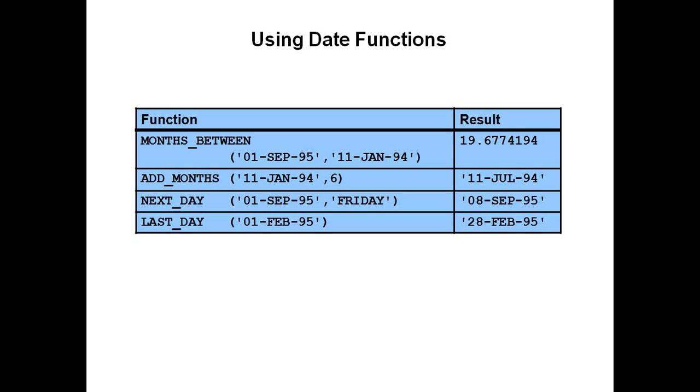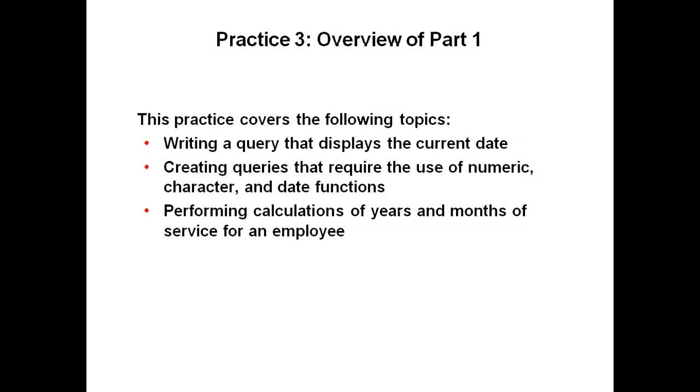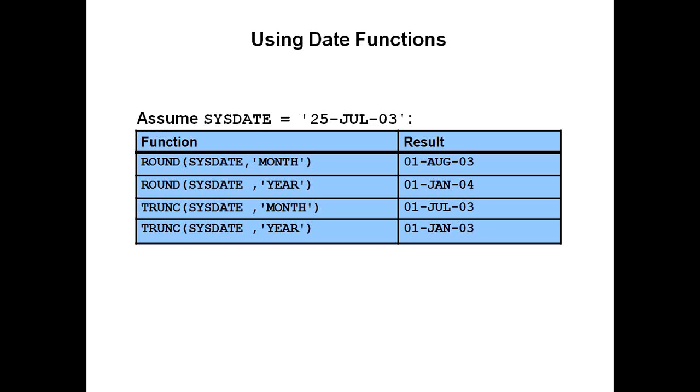So this is how we have date functions in place. We can even perform round and truncate functions on dates also. Let us have a look at how they work. Suppose your sysdate is 25th July 2003, and when you say round of sysdate by month, it is going to round to the first day of the next coming month.